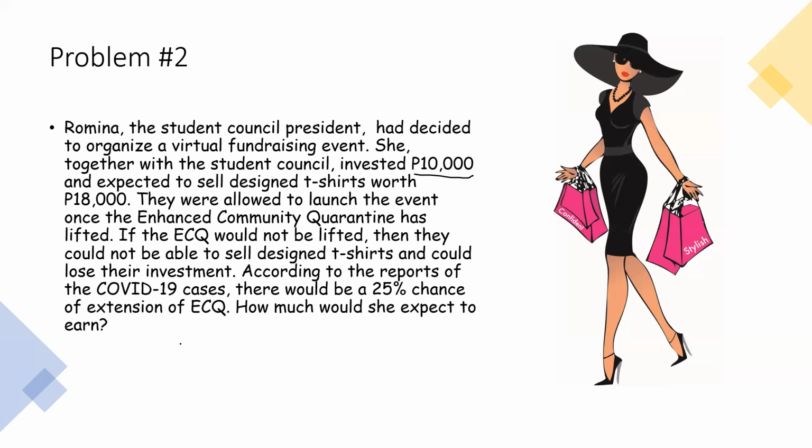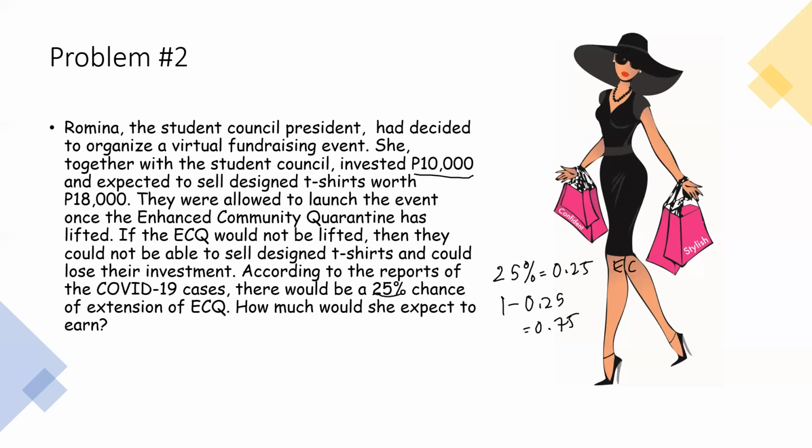So, ang gagawin dito muna is we're going to state the probability of the loss, which is 25%, since the decimal form of 25% is 0.25. We also need to consider the chance na hindi ma-extend ang ECQ. So, what is the chance that the ECQ will not be extended? So, 1 minus 0.25. So, it will be 0.75.